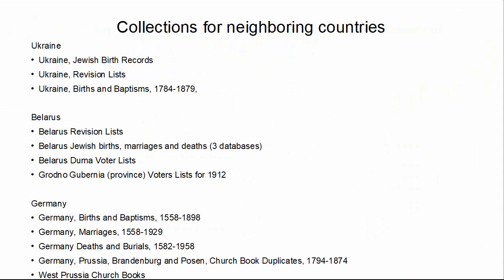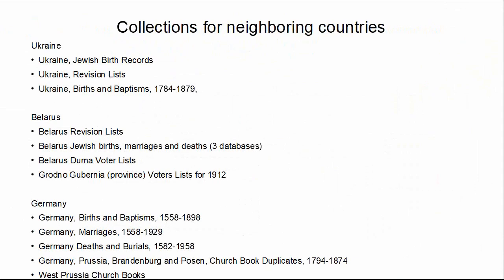For Germany, we have the following collections: Germany births and baptisms with over 100 million records from West Prussia, which partially is in current Poland and where both ethnic Polish and German lived for ages.